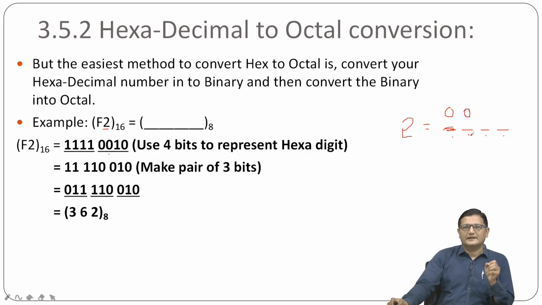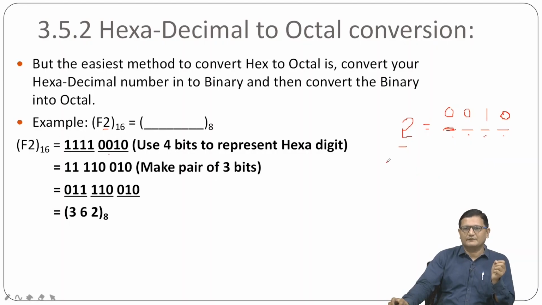Then do you need 2? Yes, we want 2, so here we will write 1. Now you have taken 2 and the number given is 2, so 2 minus 2 is 0. Nothing remains. Do you need 1? Obviously we don't need 1, because the number is completed now. So this is the binary of 2.